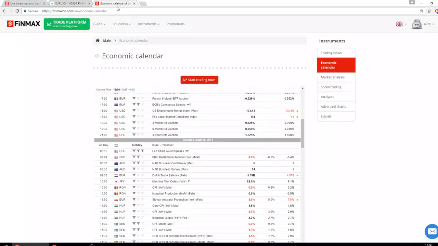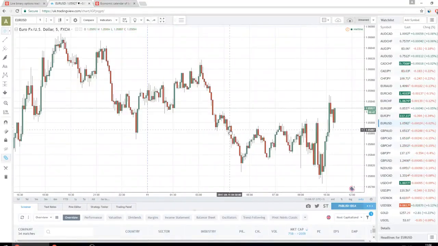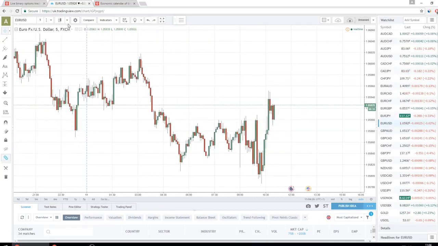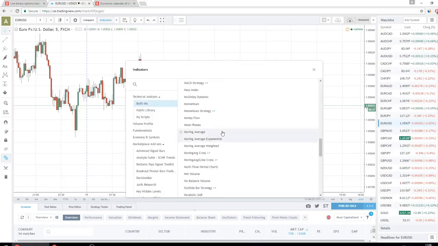Besides, this indicator can be added if you are using more advanced charts for deeper market analysis. So let's say here on the TradingView platform, we can also add moving average.